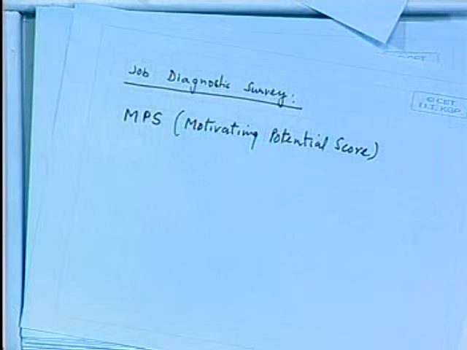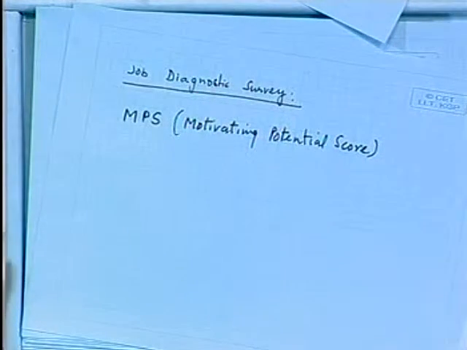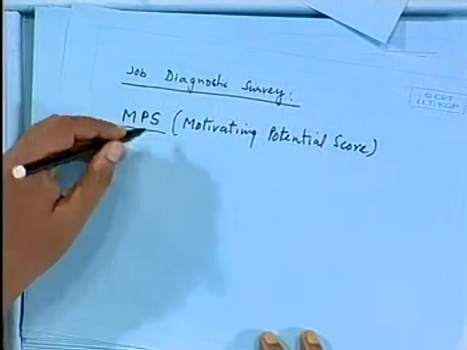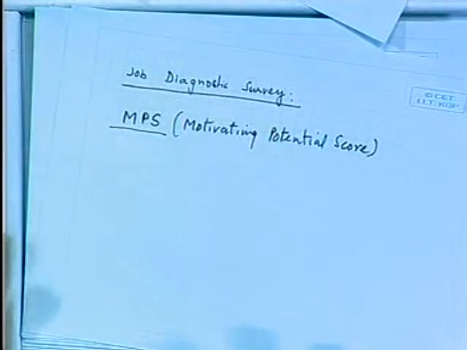Basically there is a survey instrument, a questionnaire, which is given to the individual to fill up. Once he fills it up, you calculate a score, that is the motivating potential, that is, the potential of this particular job to motivate the individual. If you find that the potential is low, it means something is to be done to increase that score, so that the person finds some interest and challenge to perform the job, isn't it?